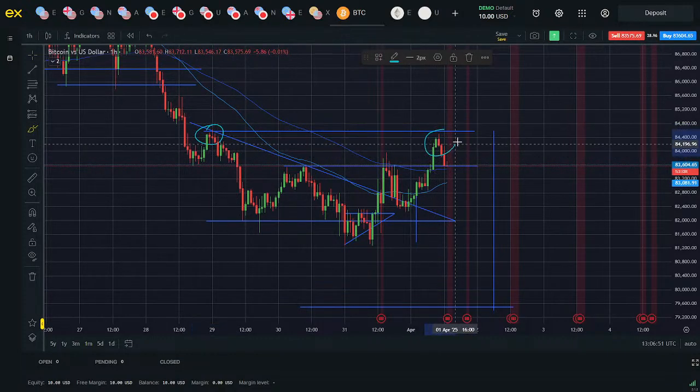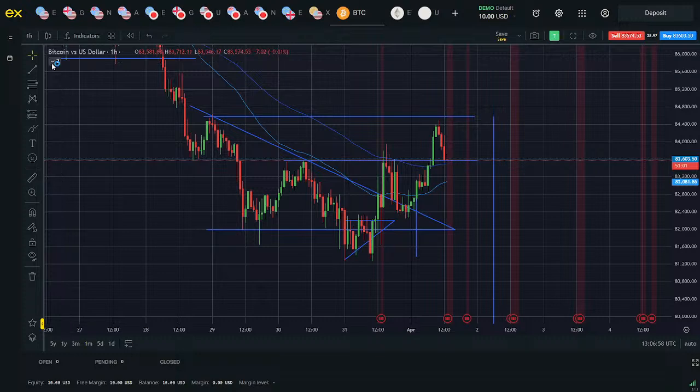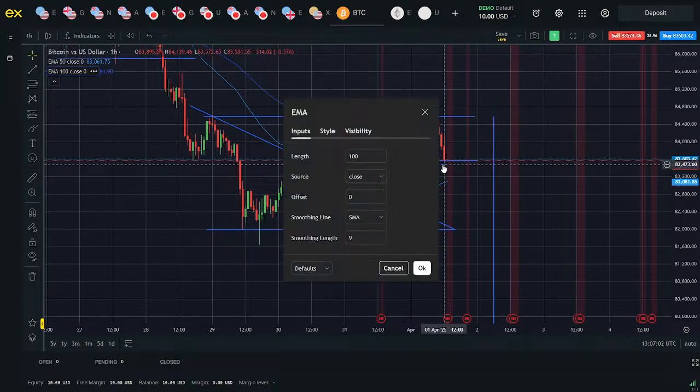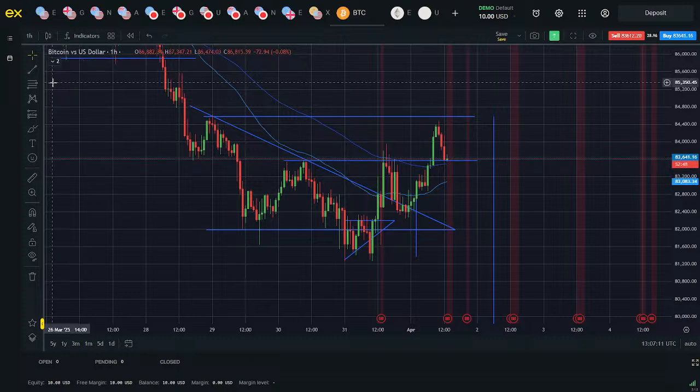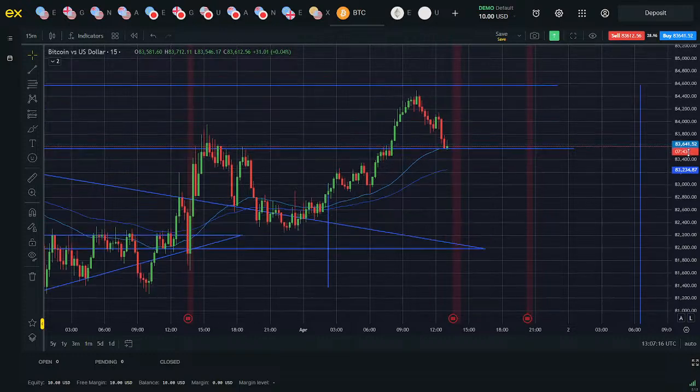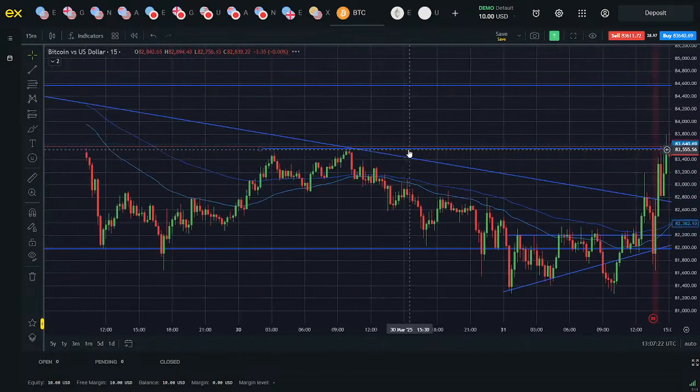This is the high of this descending triangle. The market has reached this level, and you can also see there is a 100 EMA where the market has currently reached. We will see how things go from here, and I will be planning for a little bit of rejection, because it is also another level.